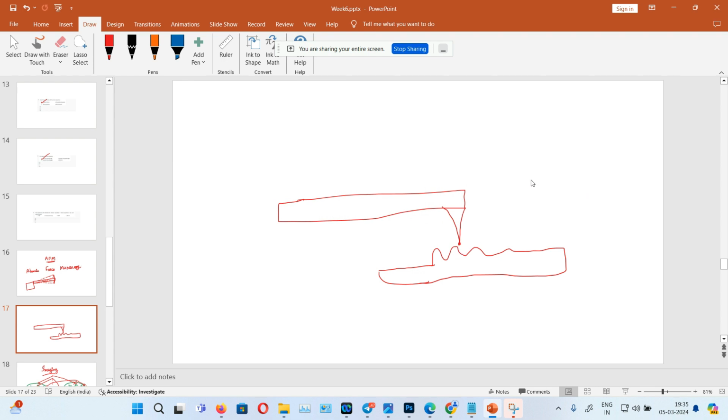The tip will be attracted by the atoms due to van der Waals force and other things, and the cantilever starts bending like this.